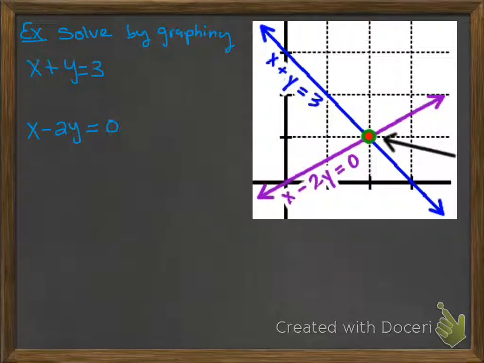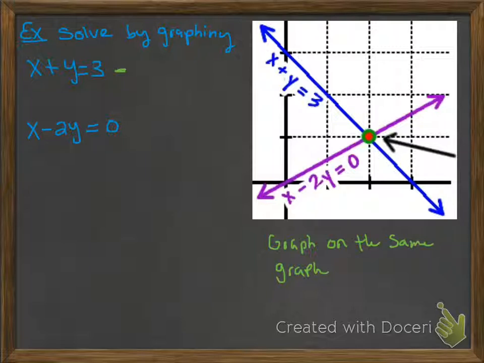Our first example of solving by graphing: we have x plus y equals 3 and x minus 2y equals 0. We're going to graph both of these equations on the same graph. To graph this equation, I found my x and y intercepts.